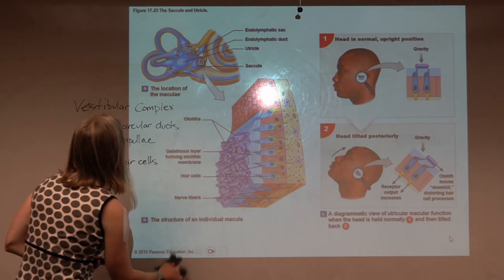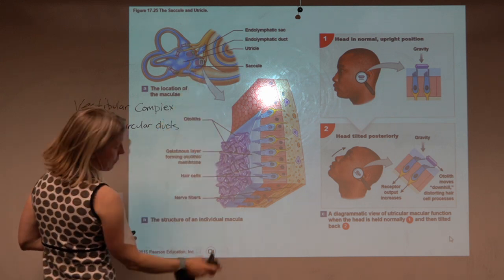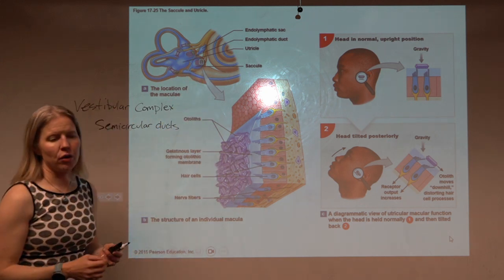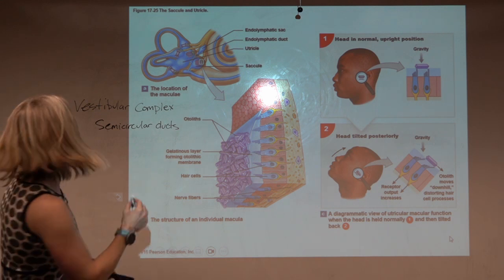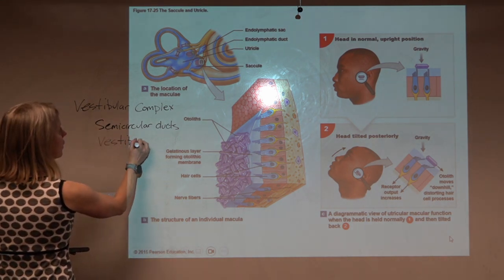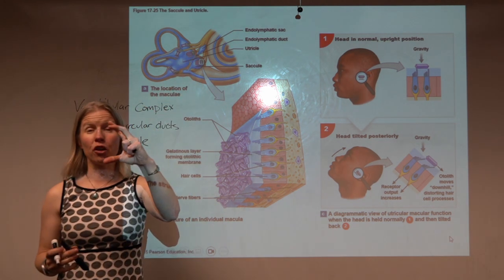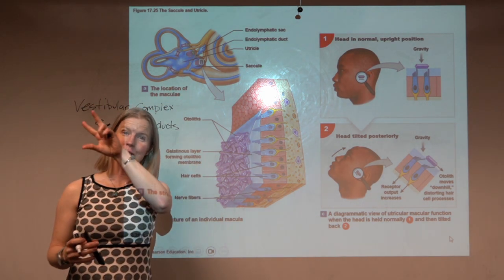You also, in this vestibular complex, have an area called the vestibule. And the vestibule is this bigger area between the semicircular canals and the cochlea.